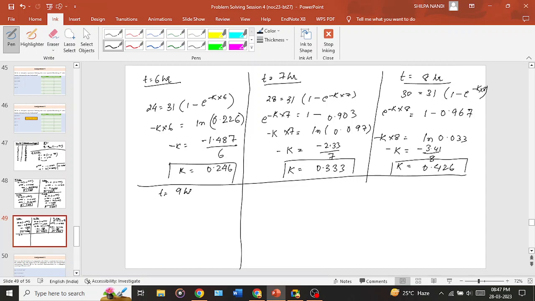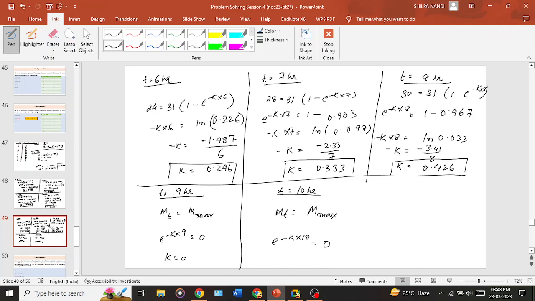So for both t is equal to 9 hr and t is equal to 10 hr, what will happen is Mt and M max will be equal, right? Mt will become equal to M max, and hence e to the power minus k into 9 will become 0 and e to the power minus k into 10 will also become 0.